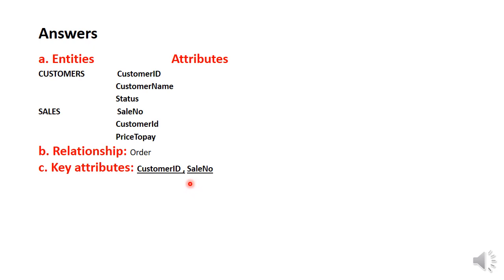These are the attributes used to uniquely identify a given entity from other entities in the same entity set. To identify them, you consider only underlined attributes. In our question, we have customer ID, which is underlined, and sale number, which is underlined.